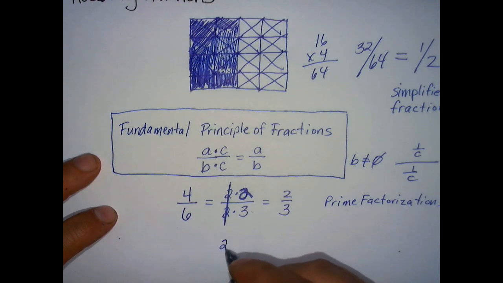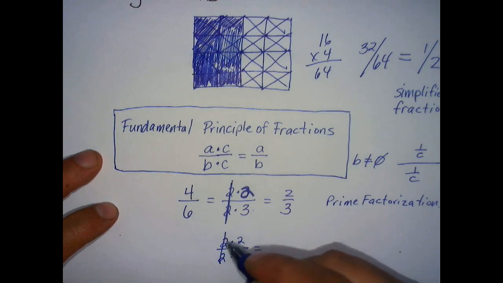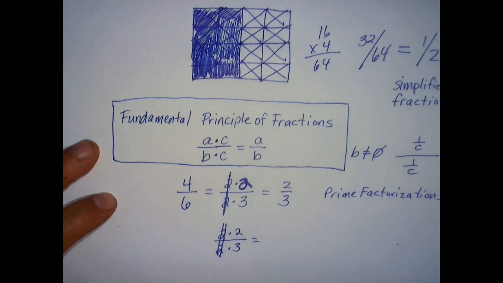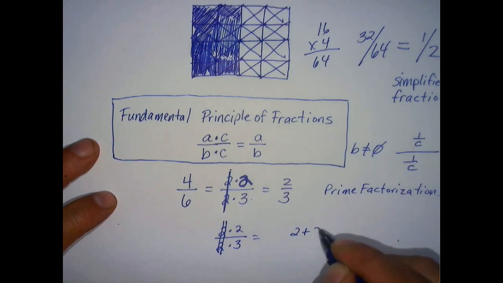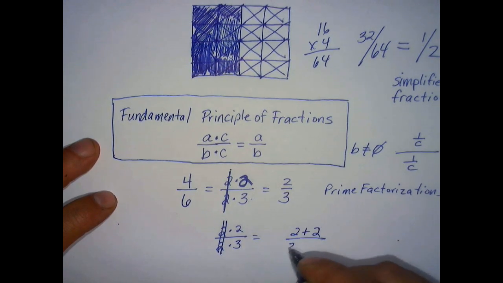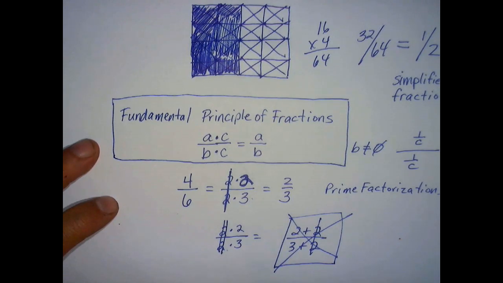You can only factor out that 1 if it's all multiply. If it's 2 plus 2 over 3 plus 2, you can't do this because it's plus. It only works for multiply, because what you're doing is factoring out 1.